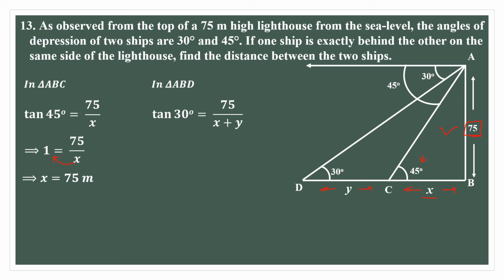We know the value of X now from the first case, so we will substitute all these values. Once we put all these values, we will do the cross multiplication, and we have got this.